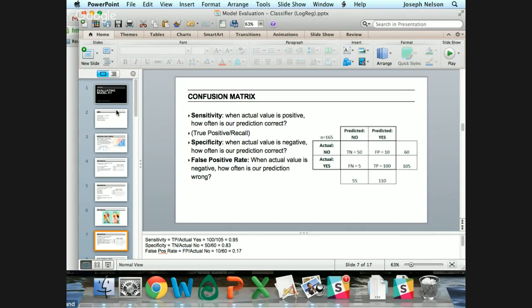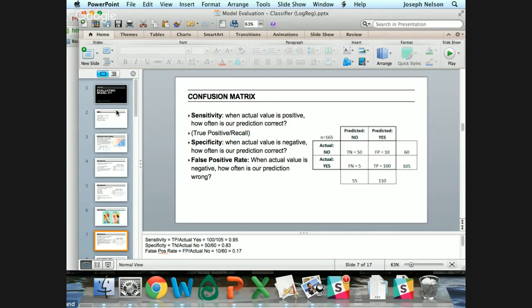100 over 105. The actual yes and predicted yes. So we're only dealing with actual yeses in the world of sensitivity. Our model correctly got 100 of them, predicted yes, and it was actually yes. So that's our numerator.